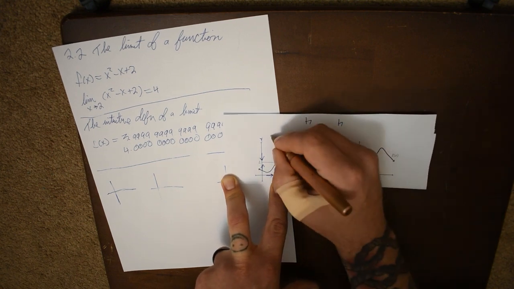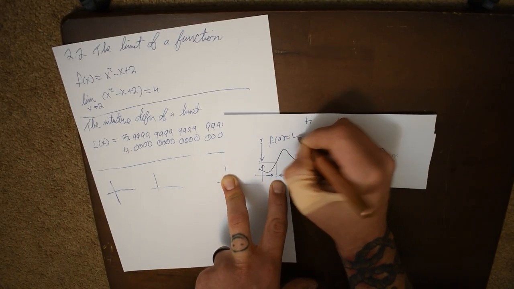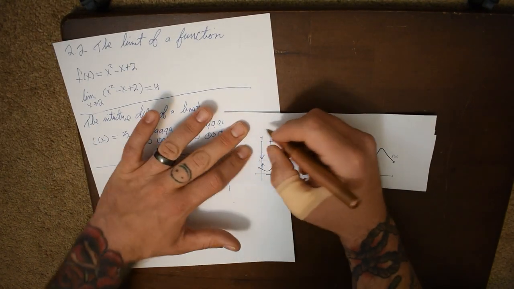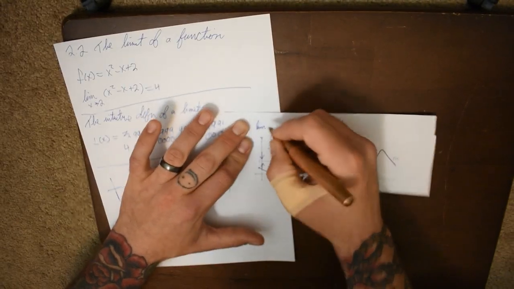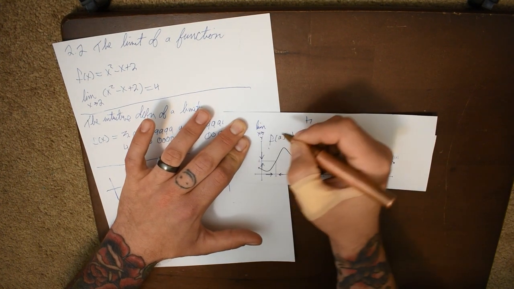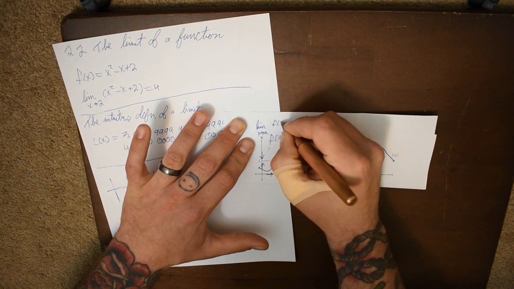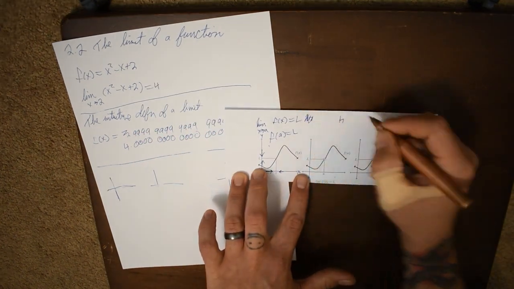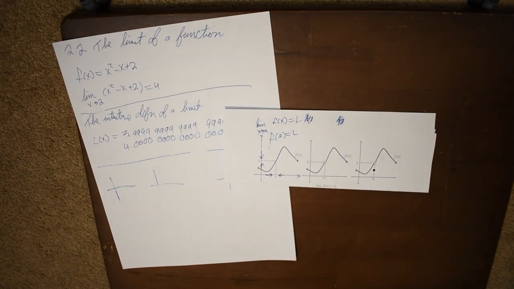Right here, we would have f of a being equal to L. We also have the limit, and I'll write that above, the limit as x approaches a of f of x is equal to L. That 4 is from the previous example.